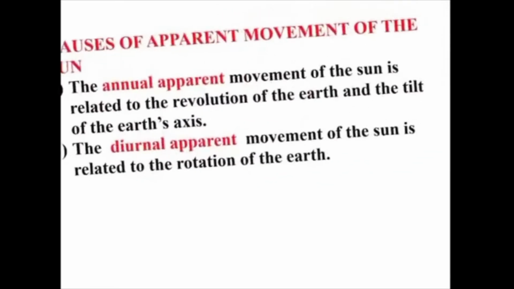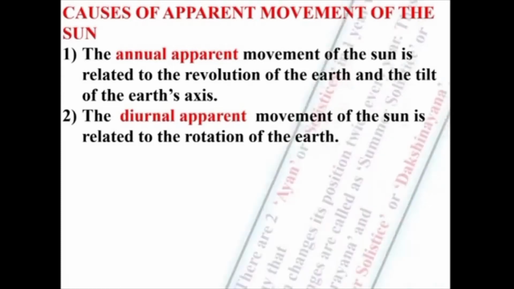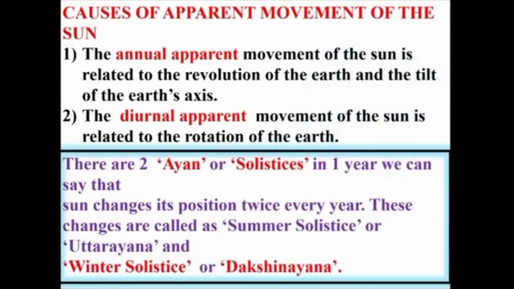Now let us see causes of apparent movement of the sun. The annual apparent movement of the sun is related to the revolution of the earth and the tilt of the earth's axis, and the diurnal apparent movement of the sun is related to the rotation of the earth. Okay. Then we have studied 2 solstices or ayans.